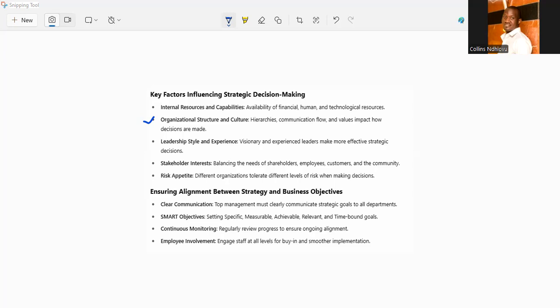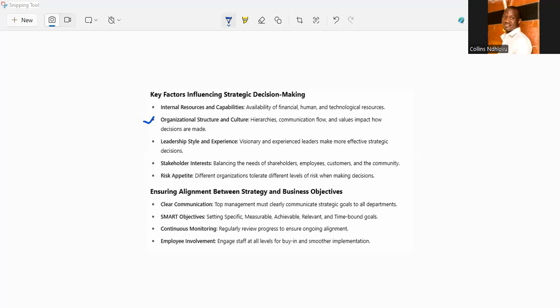The other factor or ingredient is stakeholder interest. Strategic decisions can involve balancing the needs and expectations of multiple stakeholders. These stakeholders include the employees, the customers, the suppliers, the community. Each stakeholder may have different goals, and these goals can sometimes cause conflicts.